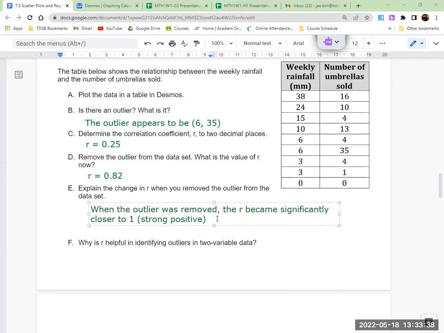It literally jumped from almost no relationship to a super strong positive. So you know that's most likely an outlier.